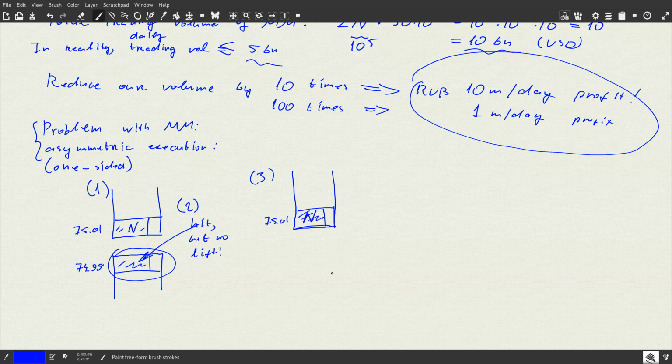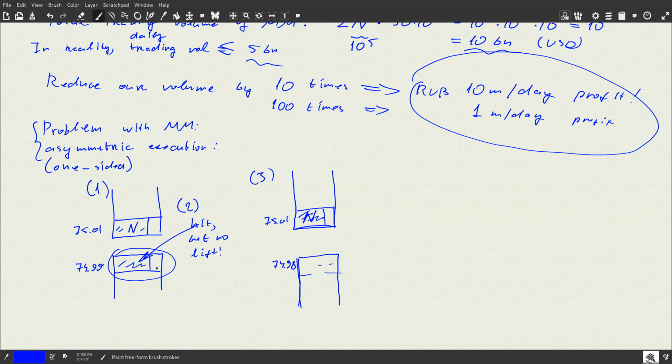I mean, the best bid. And now the previous level is exposed at 74.98. That's how the order book would temporarily look when the best bid is eliminated, is eaten up by a hit. Okay?